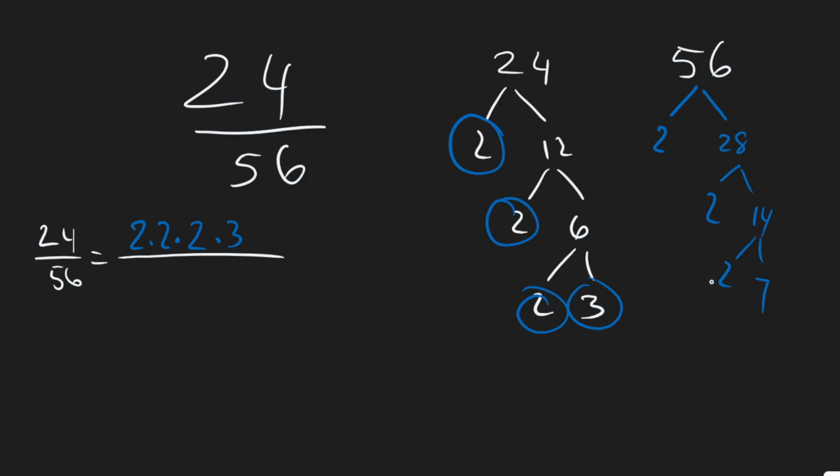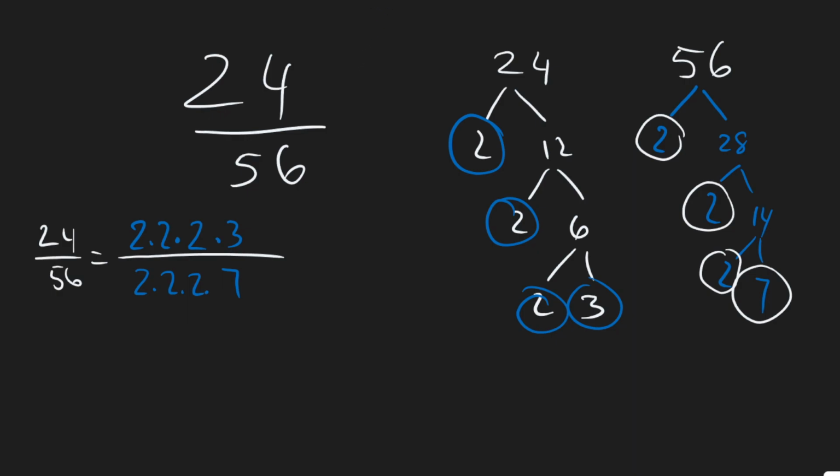So we get all those factors of 56: 2, 2, 2, and 7. So 56 is equal to how many 2's? 3 2's. So 2 times 2 times 2 and 1 7.